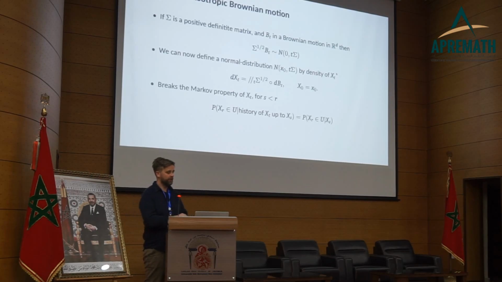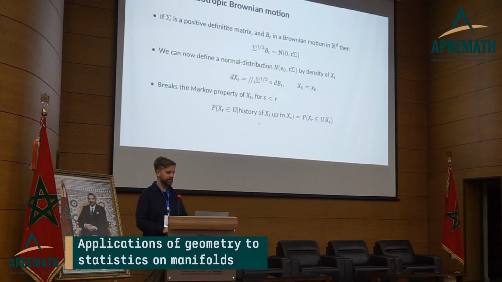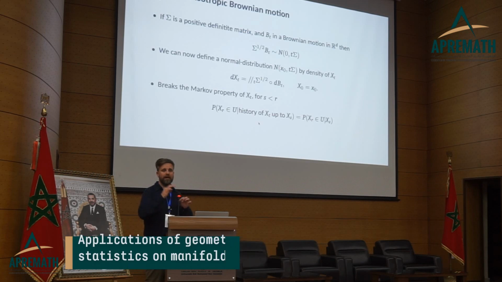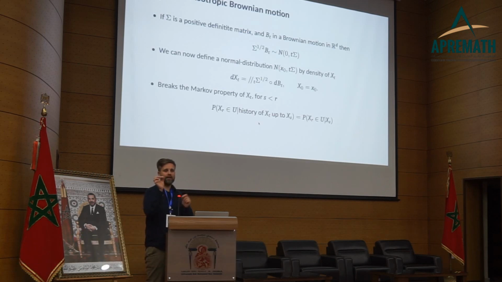One important thing that happens here is that I'm breaking something called the Markov property. Now, what is the Markov property? Well, if I have something that's moving and wherever it is, it follows the normal distribution, then if I know where it is at time 1, for example, and I'm wondering where it is at time 2, then I can say that it's normally distributed in variance 1, centered at where it was at time 1.